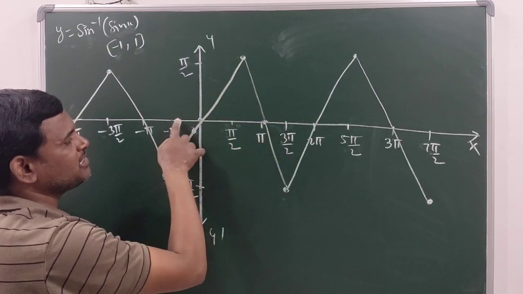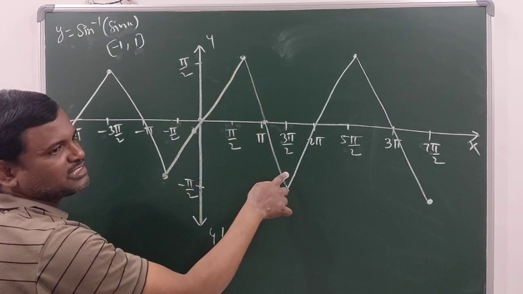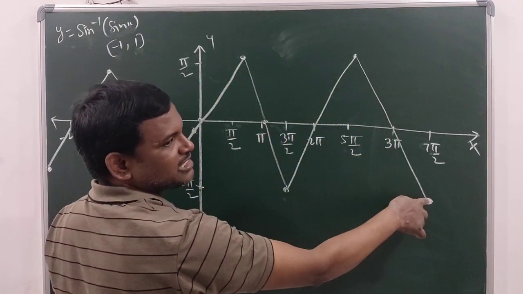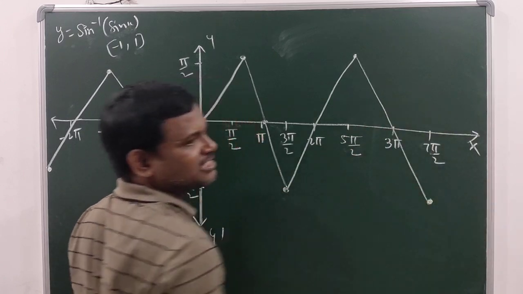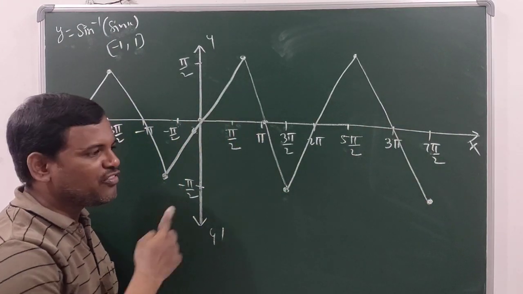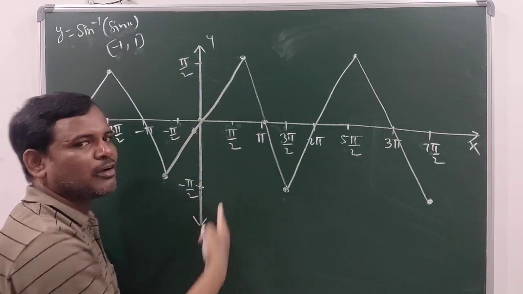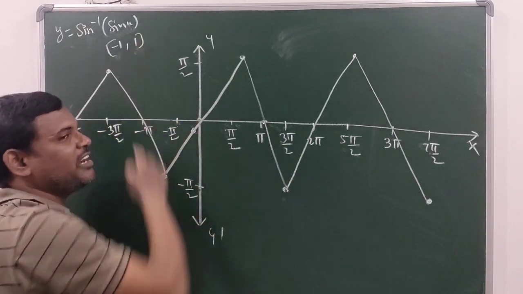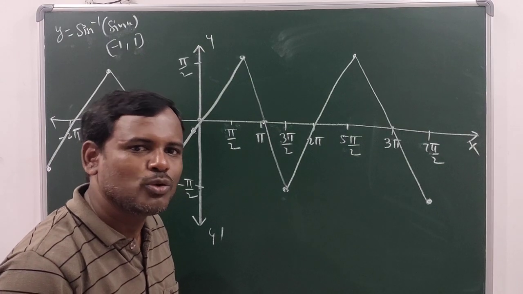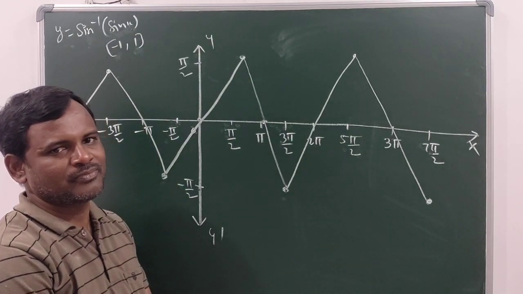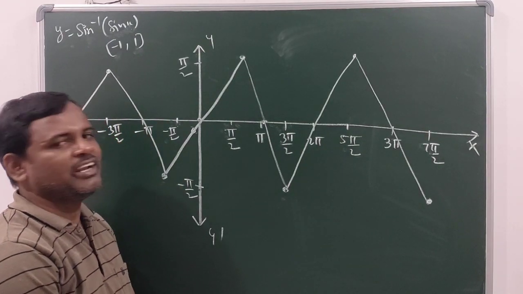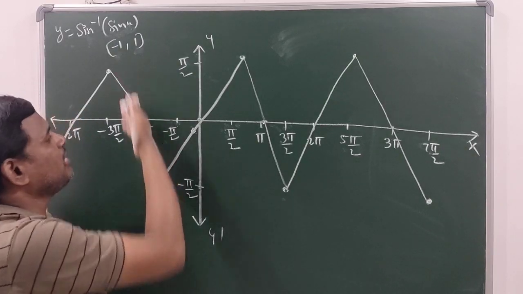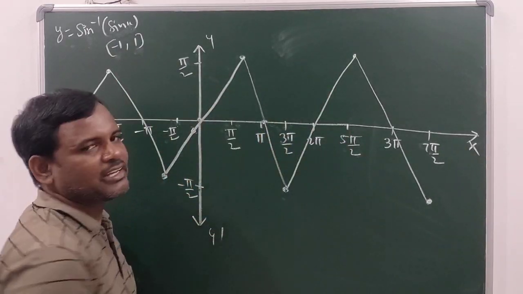In this 2 pi length it increases, decreases, again increases, decreases. After how much length of interval is the same shape of graph repeating? 2 pi radians. Hence, it is a periodic function with period 2 pi radians. The graph will repeat like this.